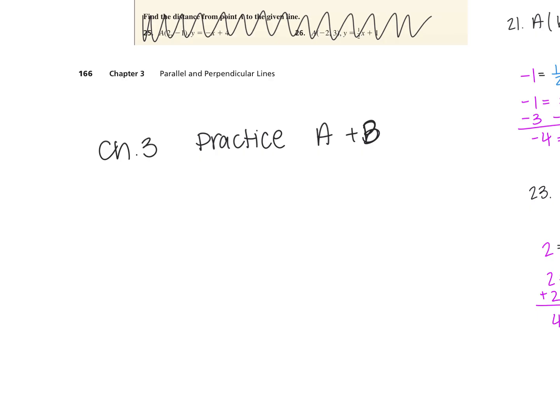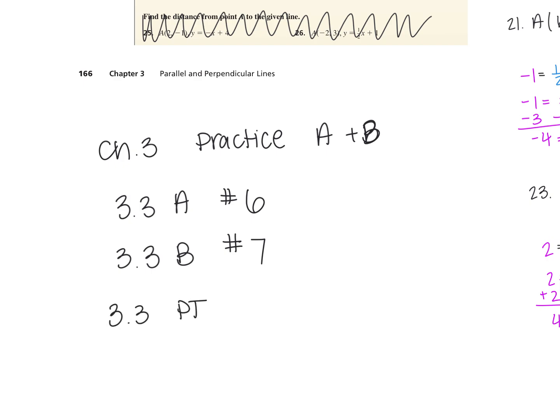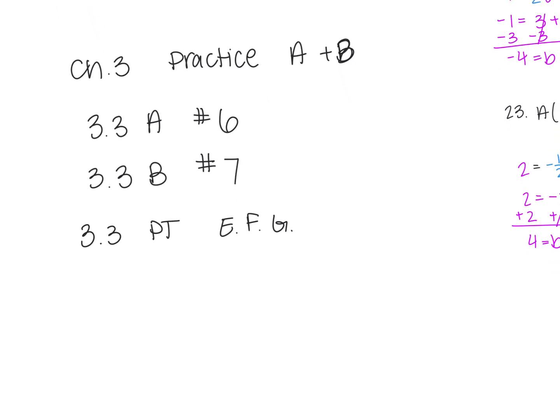So, if you go to practice A and B, 3A, number 6 is a proof that you should practice. 3B, you have number 7. 3 puzzle time, I'm just going to write PT. It's not a number, but that one has a fill in the blank. The fill in the blank is E, F, and G. That one's kind of like a fill in the blank one to look at on the puzzle time questions.